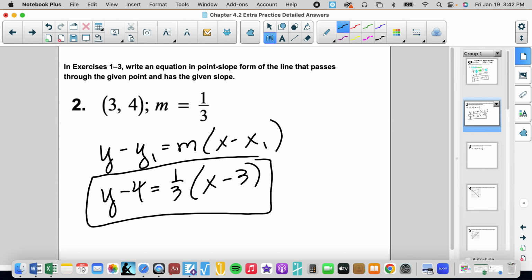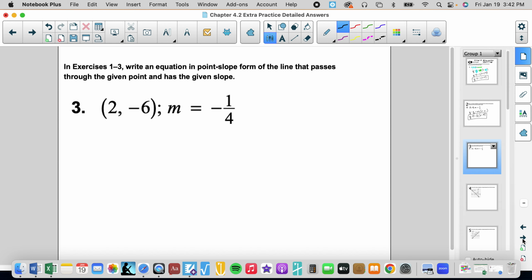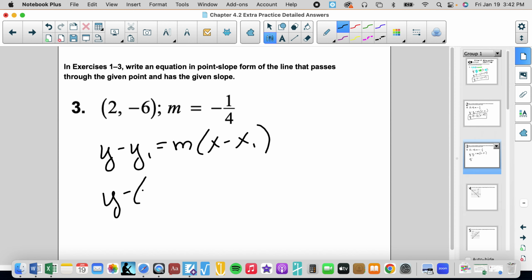Yeah, it is that easy. We like point slope. Let's write the template because it's always good practice and it helps us remember what the template is. y minus my y sub 1, which is -6, equals -1/4 is my slope, times the quantity x minus my x sub 1 value.